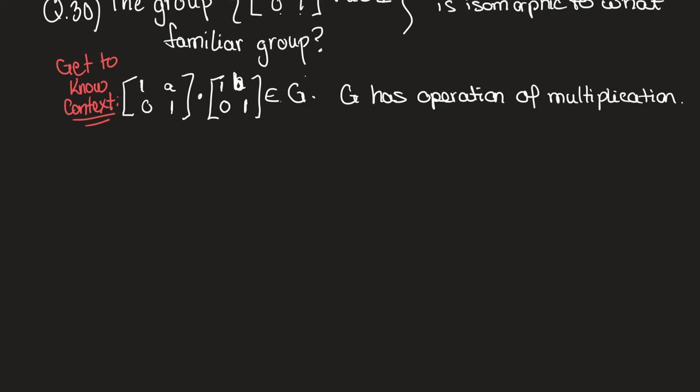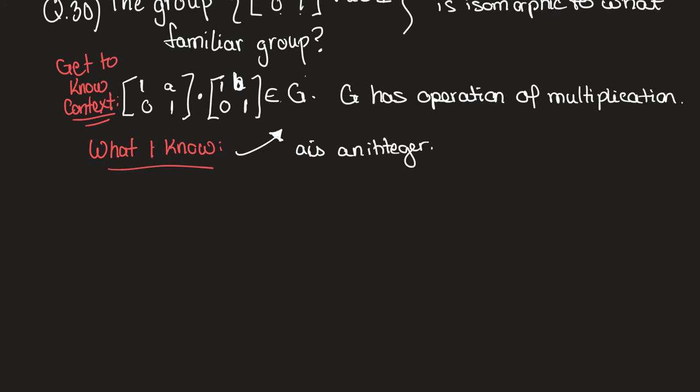So I usually start any problem by writing out what I know and what I want to find. What I know is basically exactly this. I know about G. I know what its members look like, and I know that I have multiplication. I also know that A is an integer.